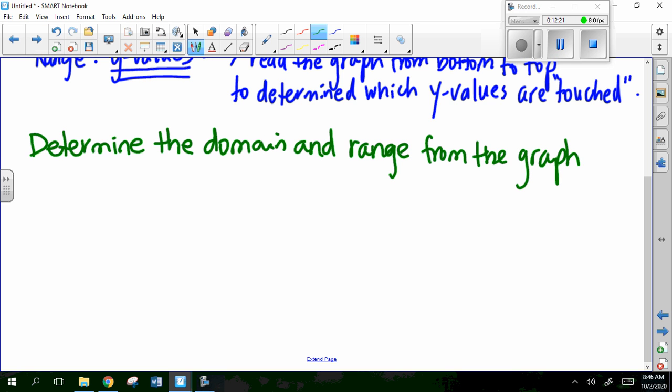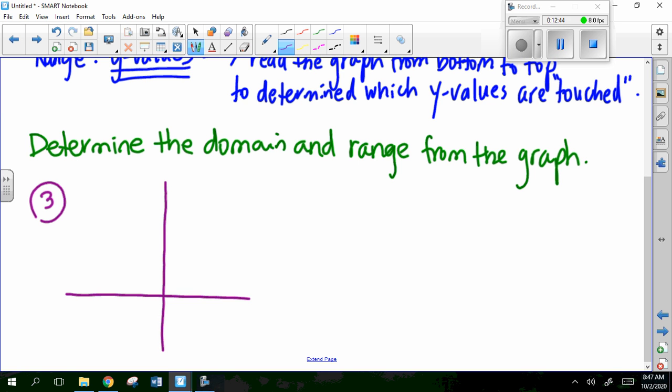I know it's a lot of work, it's a lot of writing, but once we take the notes, the writing part is just the notes part. Actually doing the work does not take a terribly long amount of time if you understand the concept. Okay, so I'm going to call this example 3, and I'm going to give you a graph.